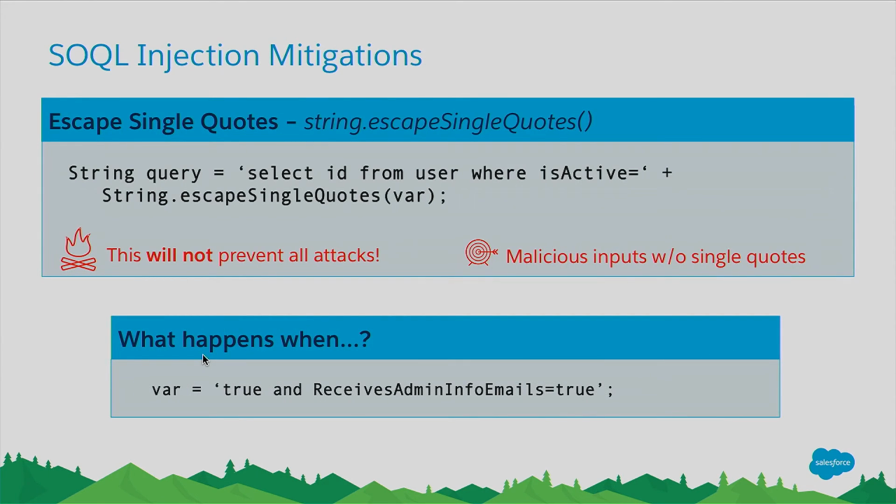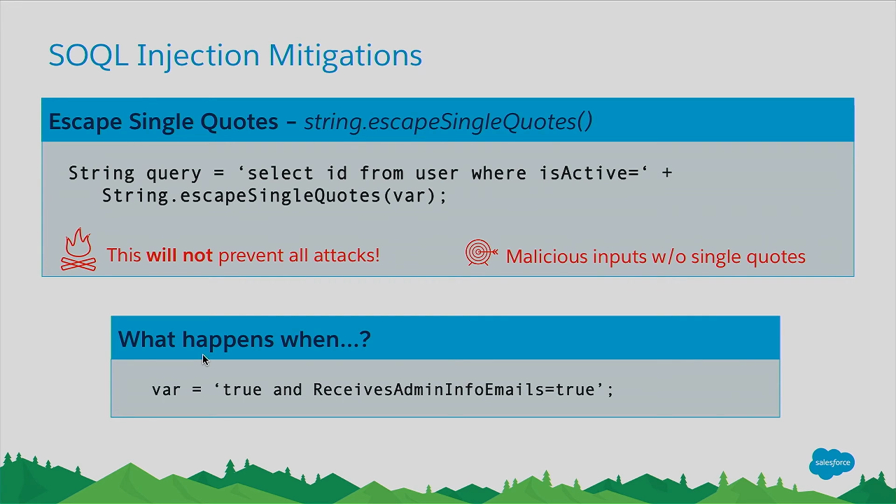So if we think about the query example on the screen here, what happens when we provide true and receives admin info emails equals true? There's no single quote within that string literal, but it's going to dramatically change the impact of the query and give us a list of only users that are both active and receive admin emails.